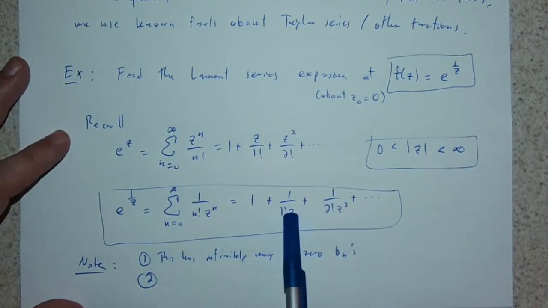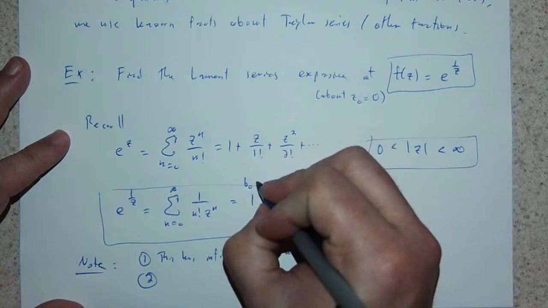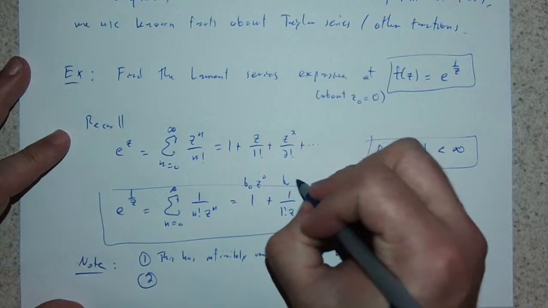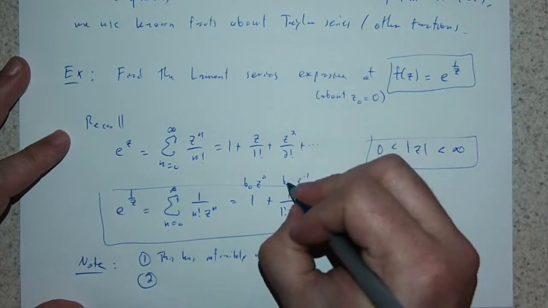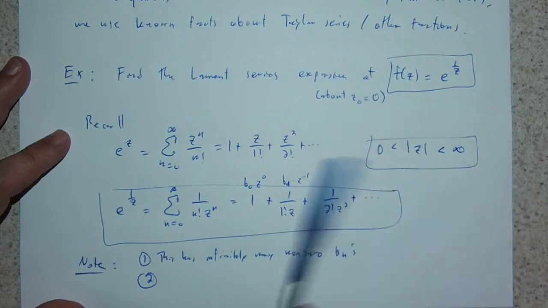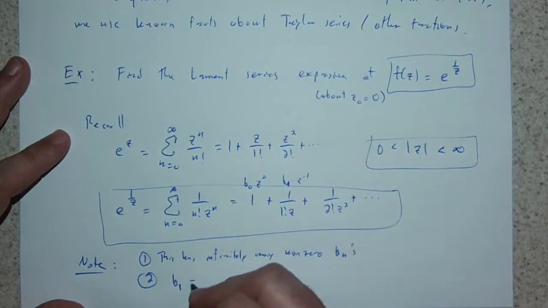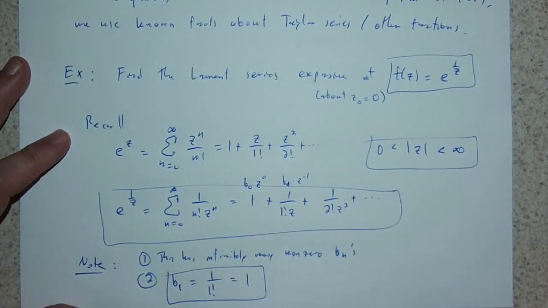So, for instance, this is b sub 0, z to the 0. This is b sub 0 times z to the minus 1, or sorry, not b sub 0, b sub 1. So b sub 1 here is just 1 over 1 factorial, which is 1. Okay.